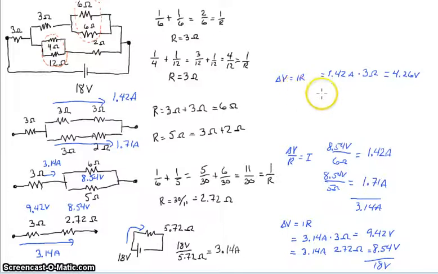And then across the bottom, you're going to have 1.71 amps times 2 ohms and 1.71 amps times 3 ohms. If we make those two calculations, we find that we will have 5.13 volts and, oh wait, that's for the wrong one.